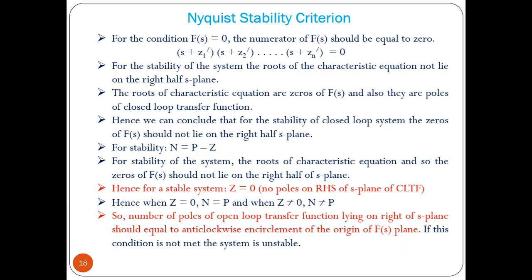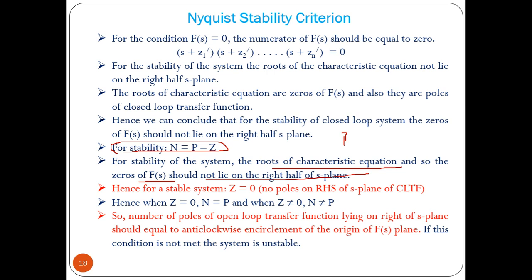Now for stability we have to check this condition, N equal to P minus Z. Suppose P equal to 0. For stability, the roots of the characteristic equation, that is the zeros of F(s), should not lie on the right half of the s plane.